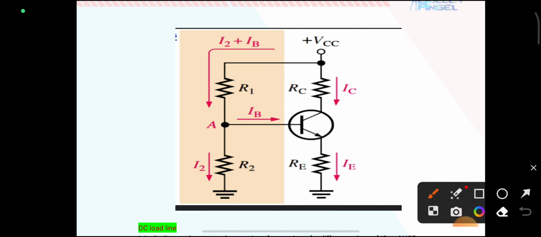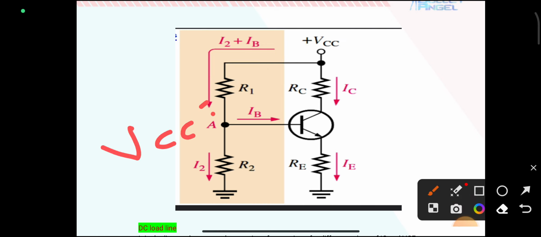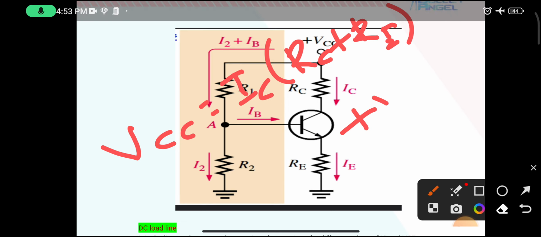Then VCC is equal to IC times (RC plus RE) plus VCE.